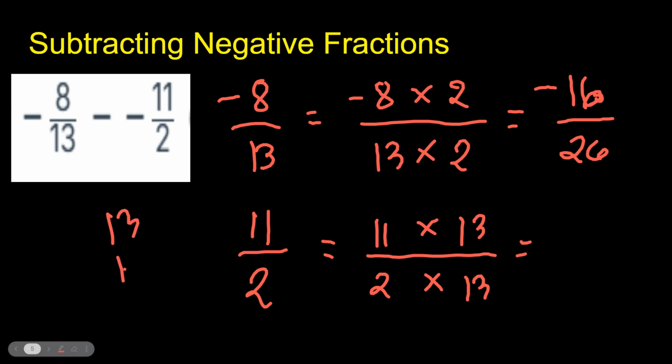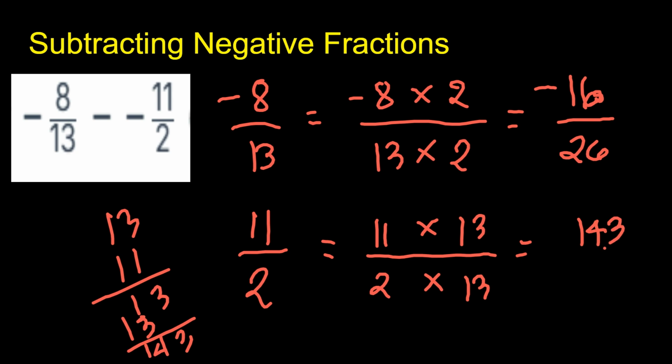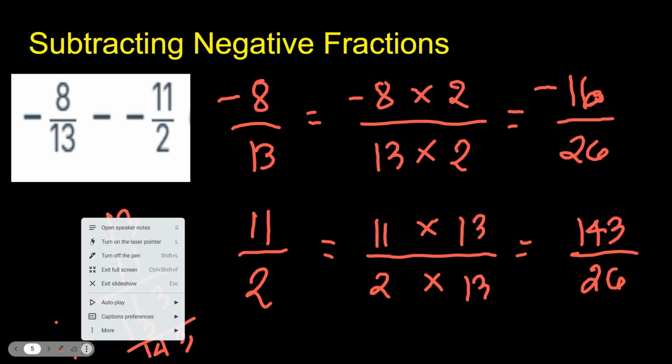That's 143. So that would be 143 over 26. Super easy. So we now have negative 16 over 26 plus 143 over 26. Now we can add them.